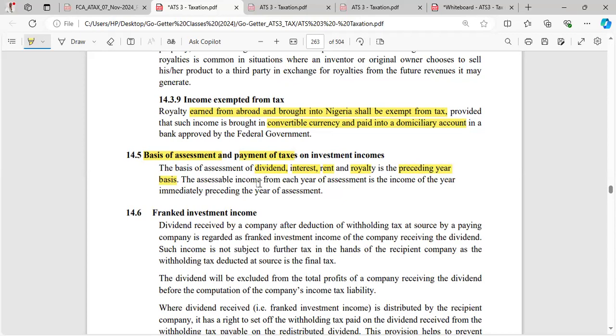This is unlike employment income, where you receive it in 2023 and you account for it in 2023. That one is actual year basis. Employment income is actual year basis; dividend income or investment income is preceding year basis.